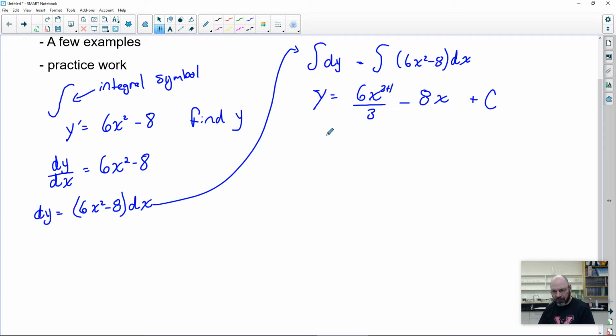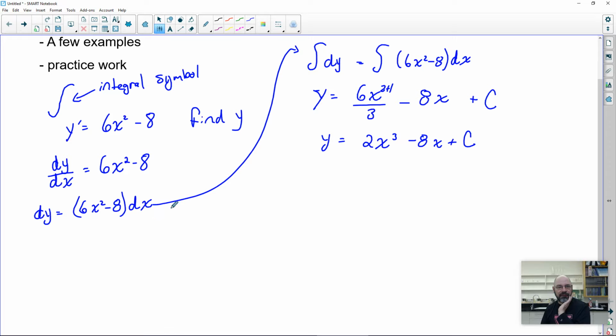So if we work that out, y would then equal 2x cubed minus 8x, plus c, using the power rule.